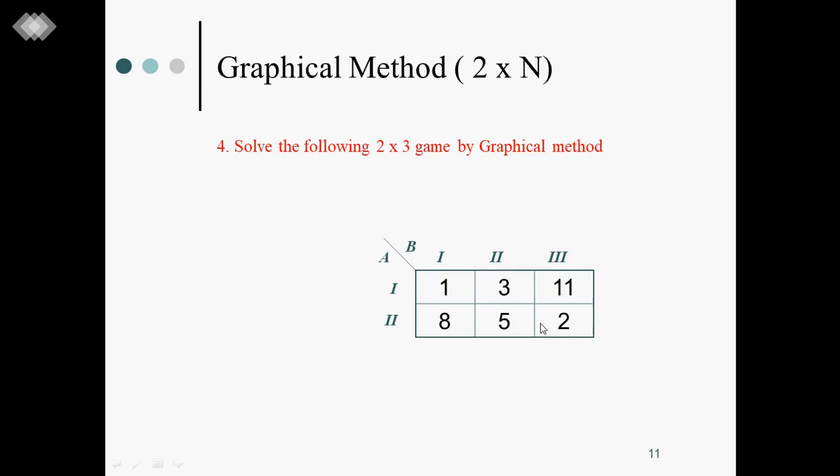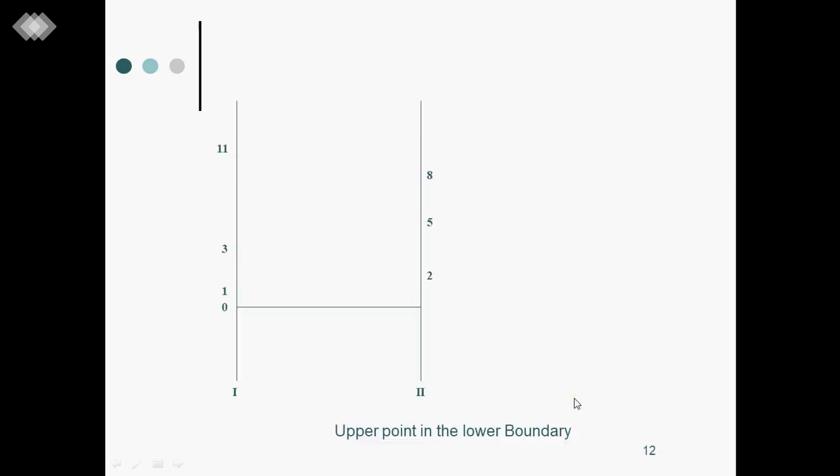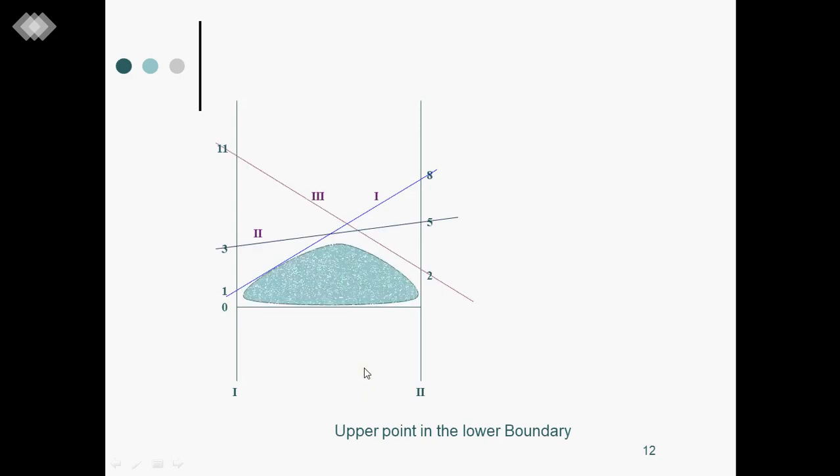You assume these are a11, a12, a21, a22 and solve as usual, using the formula method. So for a 2 by n game, you identify the lower boundary, take the highest point, take the strategies passing through that point, and solve using the formula.